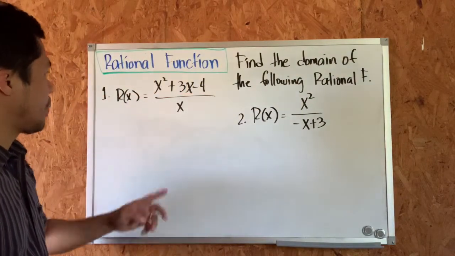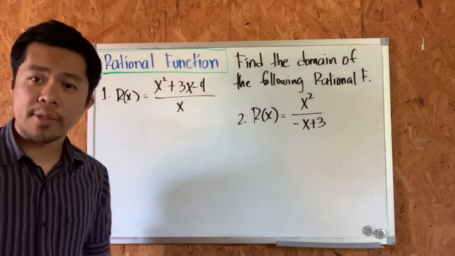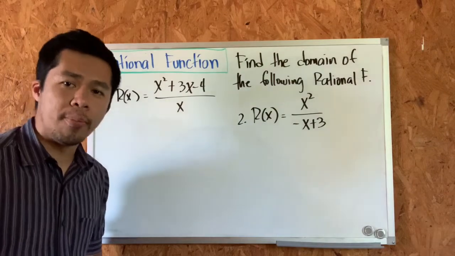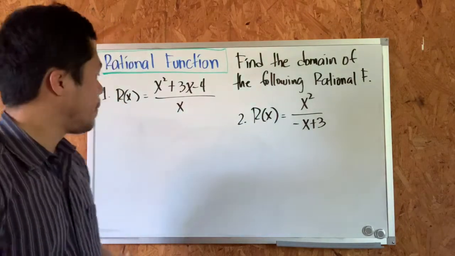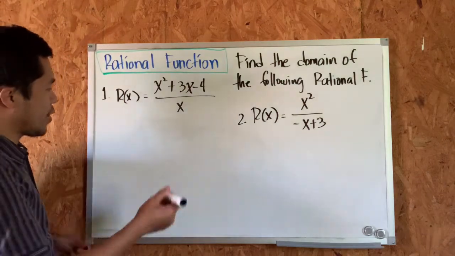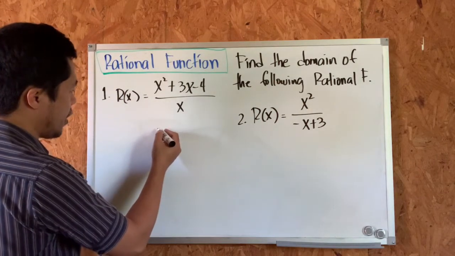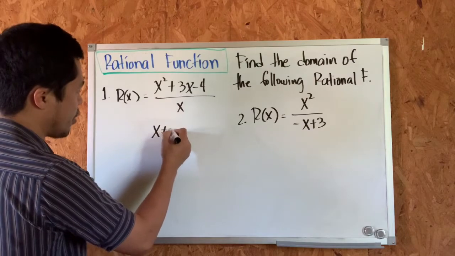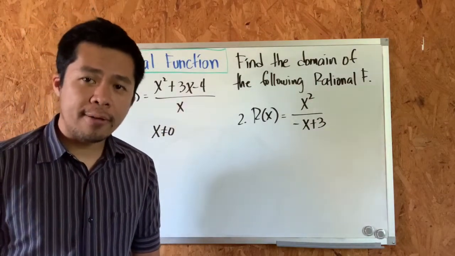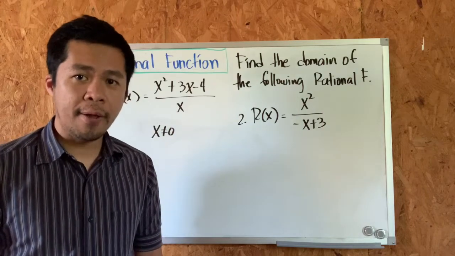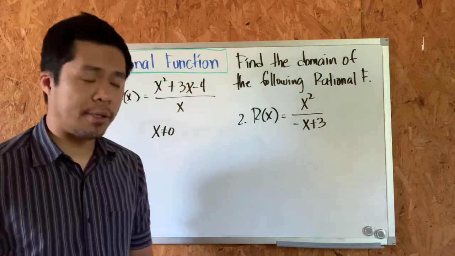Here we have x squared plus 3x minus 4 over x. Our focus in finding the domain of a rational function is in the denominator. Our denominator here is x, and I already told you a while ago that x cannot be equal to 0.